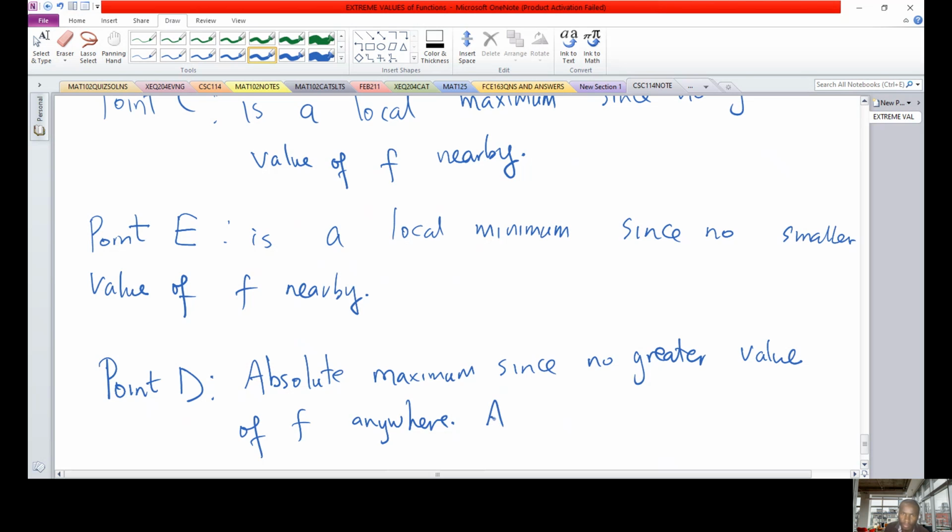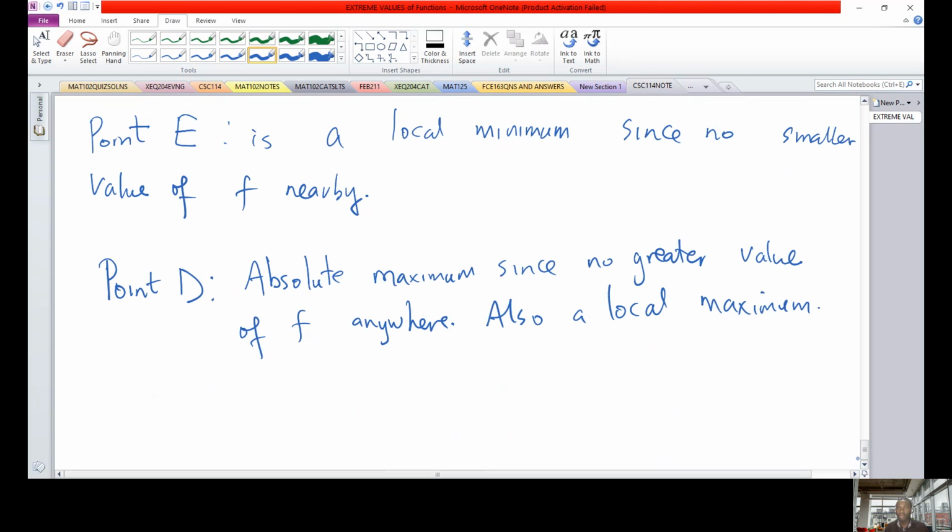It is also a local maximum. So remember, absolute maximum means a local maximum, but not the other way around. So we're calling it an absolute maximum because it is the highest point in the domain of the function. There's no other point other than point D with a value more than that at point D.